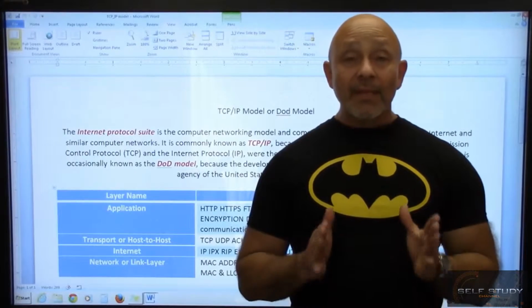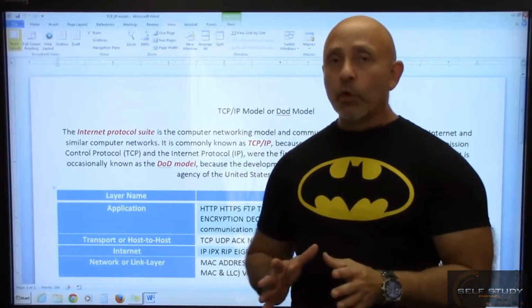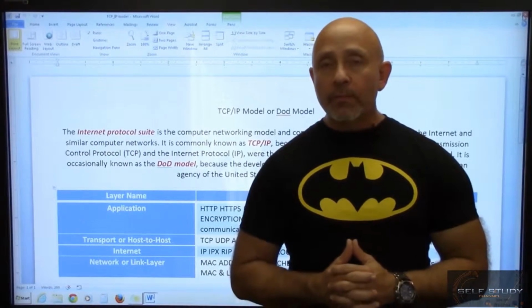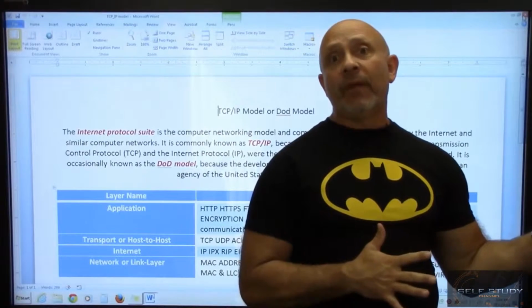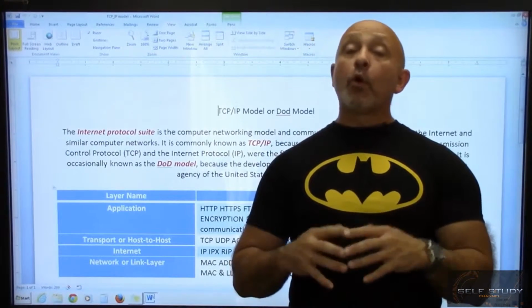The TCP/IP suite replaced those archaic protocols that were used back in the 50s and 60s. So it became the protocol of the internet.